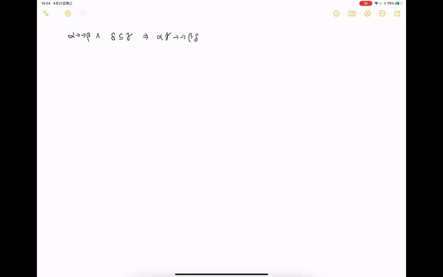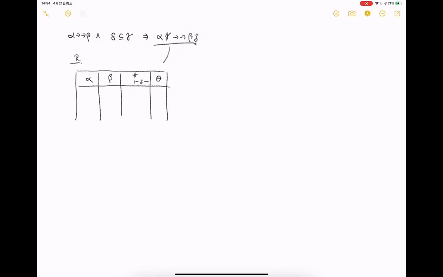Right? So you think in this way: you have relation R, and then you have attribute alpha, you have attribute beta, and then you have your attribute gamma, and some of it is delta, and then of course you have the rest of the attributes that we call theta. So what do we need to prove for this?